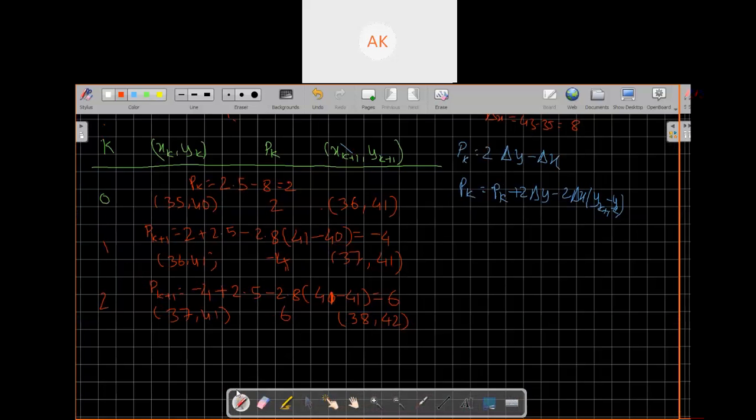So calculate the next decision parameter for iteration 3. pk+1 is pk plus 2 delta y, which is 5, minus 2 delta x, which is 8, times (yk+1, 42, minus yk, 41).